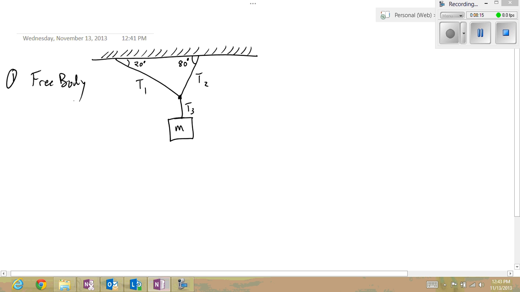I have two free bodies that I need to draw. I need to draw the sum of the forces on that dot. So T2 points this way, T1 points this way, and T3 points this way at the junction. I need to make sure I keep my geometry right.